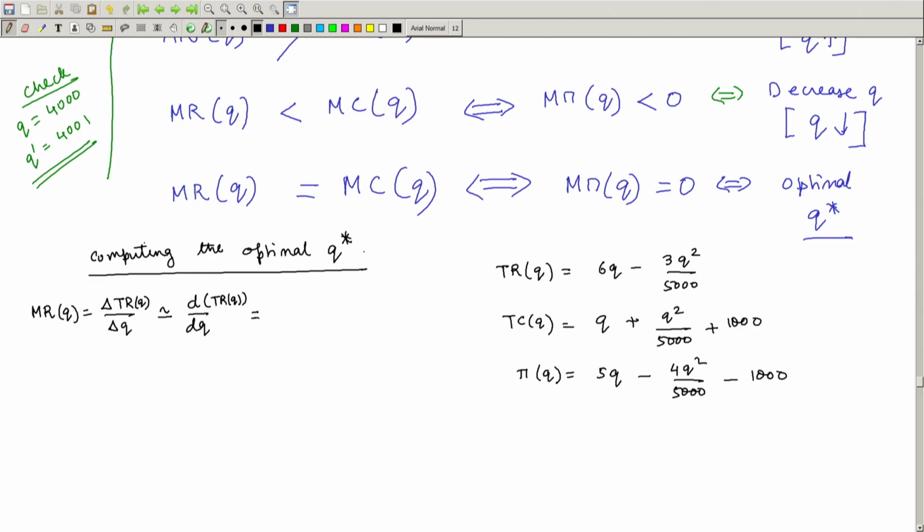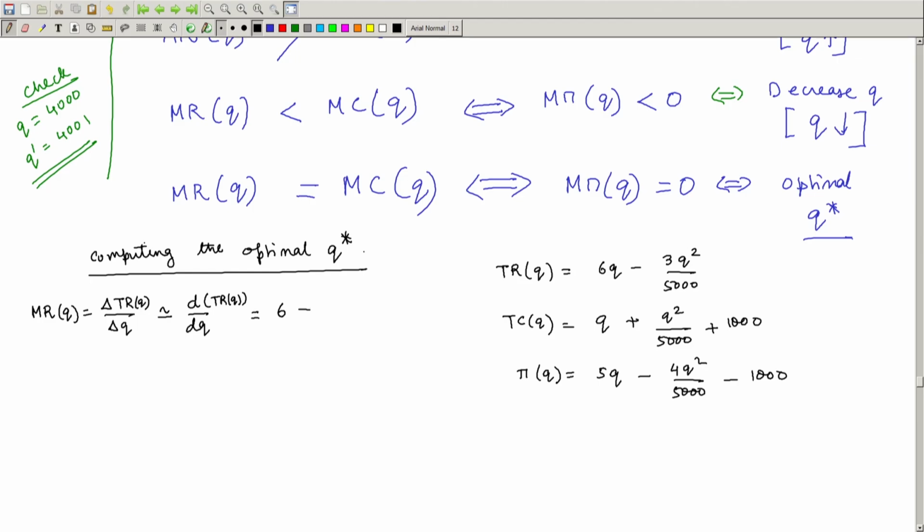That is essentially the derivative of the total revenue function. Now the derivative of 6Q minus 3Q square by 5000 is, well, the derivative of 6 times Q. I can pull the 6 out. The derivative of Q with respect to Q is 1. So the first expression gives me 6.